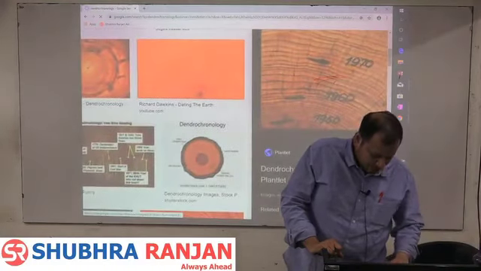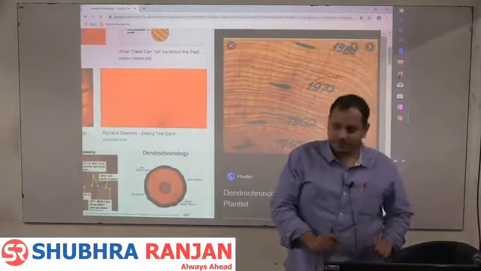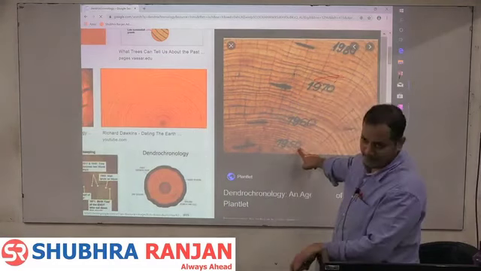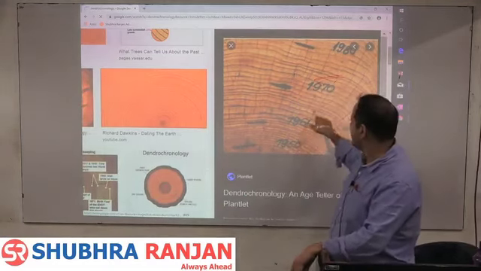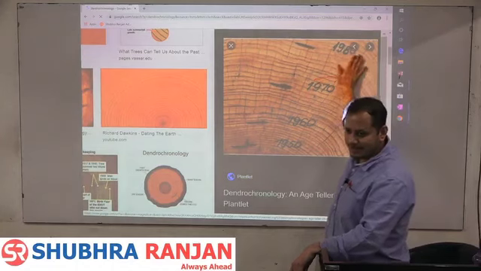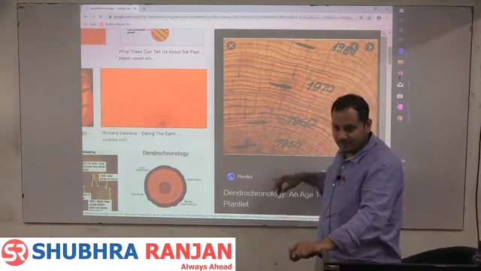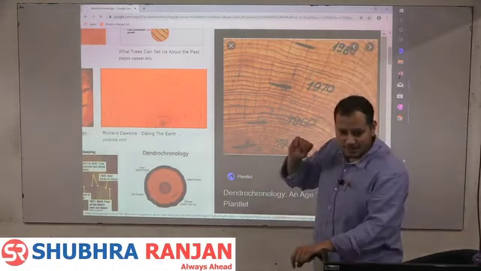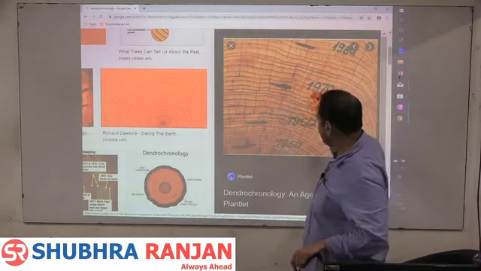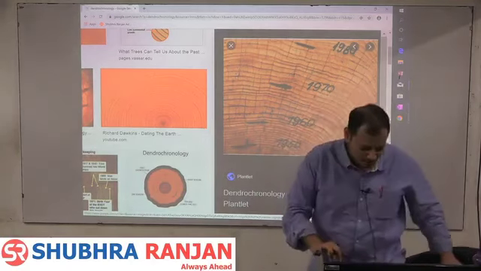See in this photo, 1950, 1960, 1970, 1980. This is the age of the tree. They will then find out the color, thickness, etc. This is what is dendrochronology.